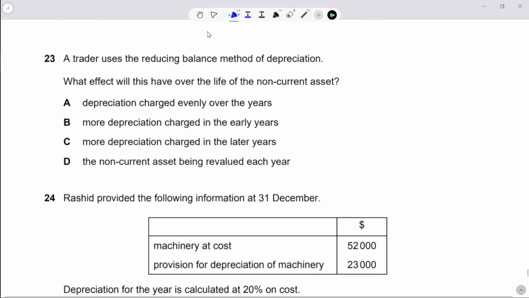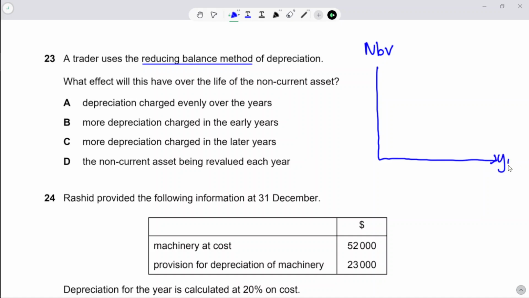Okay. They use reducing balance method. So this one is the theory part. So the net book value and also the year. So for reducing balance, the graph will look like this.